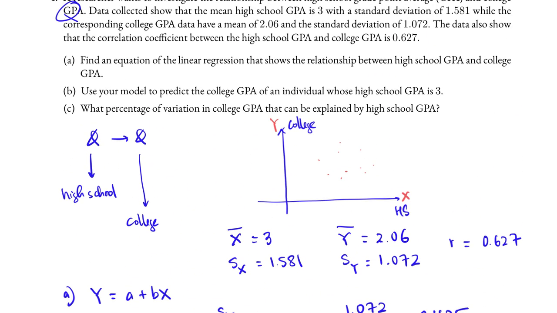What percentage of variation in college GPA can be explained by the high school GPA? The question about the percentage of variation in the response variable that can be explained by the explanatory variable, percentage of variation, is simply the square of the correlation coefficient.